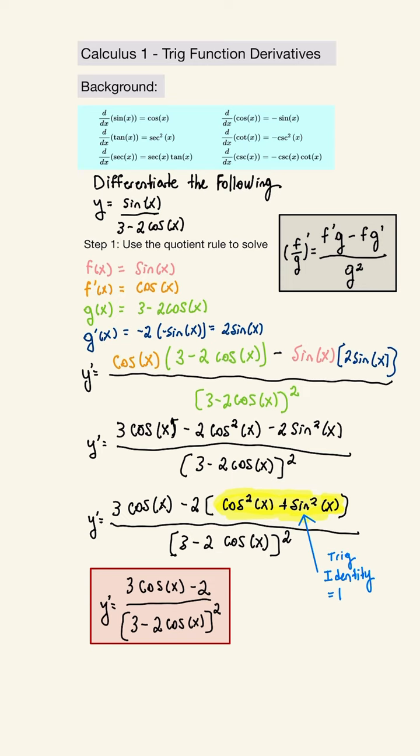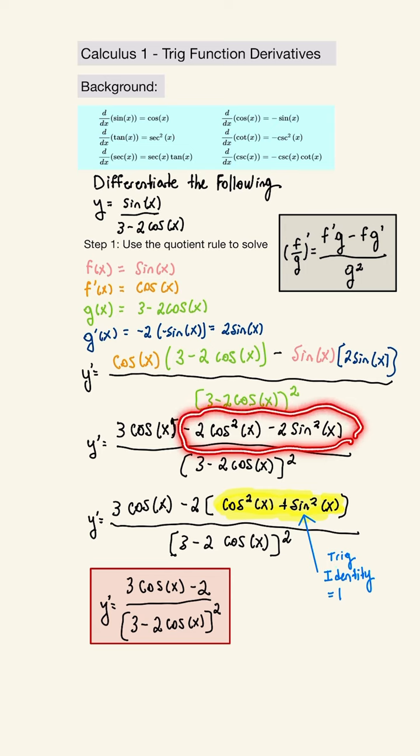Continuing, we can go ahead and simplify this top portion where we'll have 3 cosine x minus 2 cosine squared x minus 2 sine squared x. And what we can quickly see is that we have a trig identity here after simplifying the top portion.